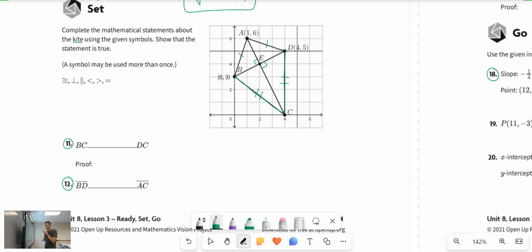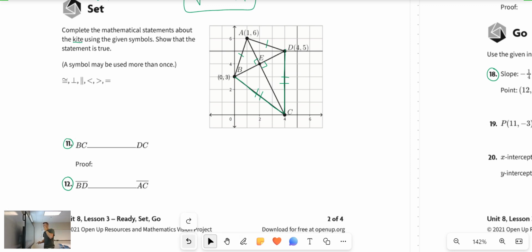BC and DC, you'll notice there's not a line segment symbol here. BC without the line on top is saying compare those distances instead of comparing the actual segments.